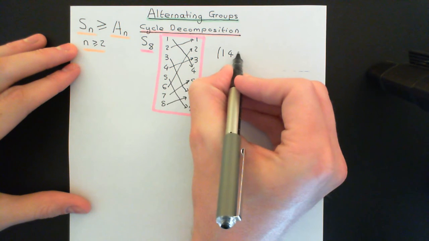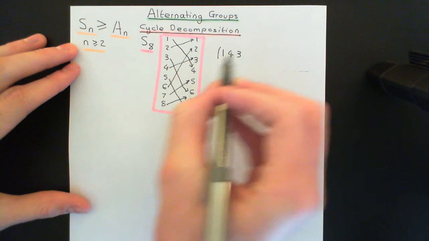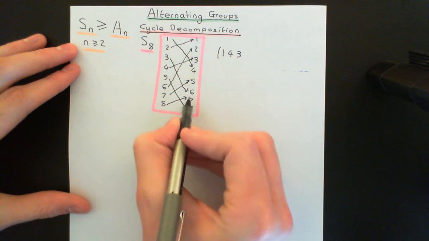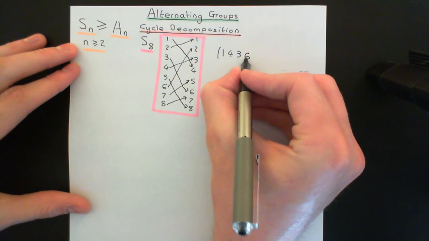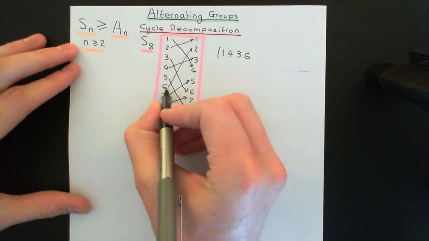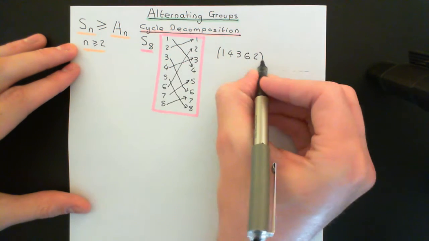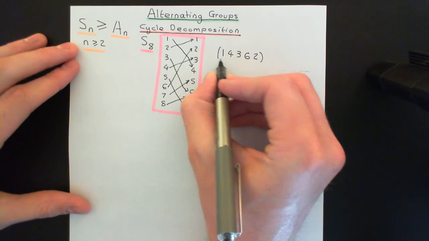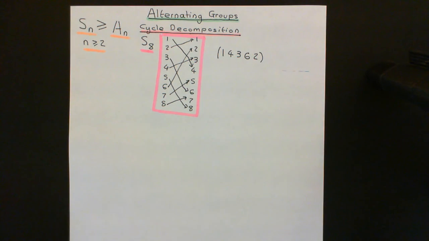So 4 goes to 3, and then what we put next is where 3 goes, so 3 goes down to 6. Here is 6, and then where does 6 go? 6 goes up to 2, and where does 2 go? Well, of course 2 goes back to 1, so it will go back to the beginning here. So there's one of the cycles, and indeed it's a 5 cycle here.